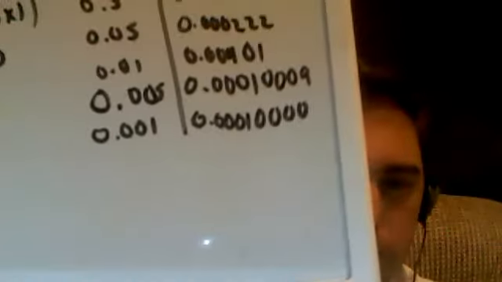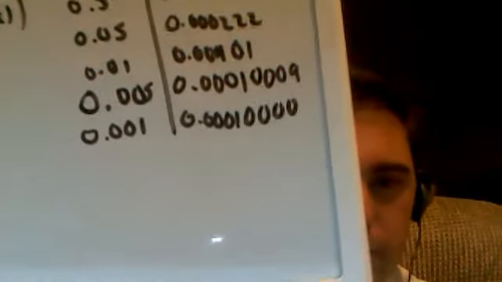So, as you can see, with smaller values of x, we are actually approaching the value 0.0001. We're actually approaching this value as x goes to 0.